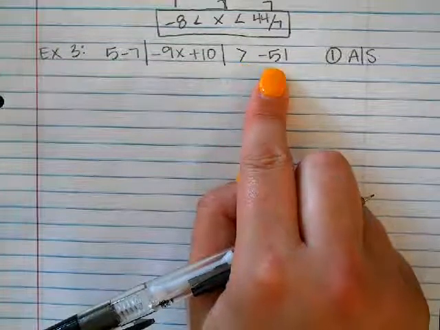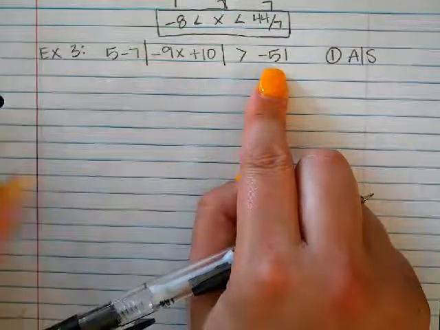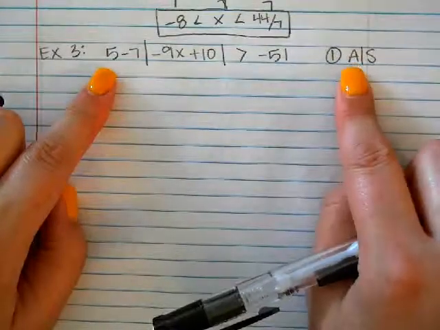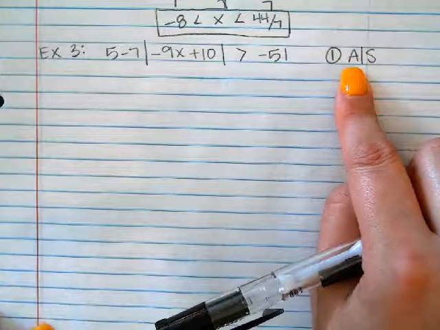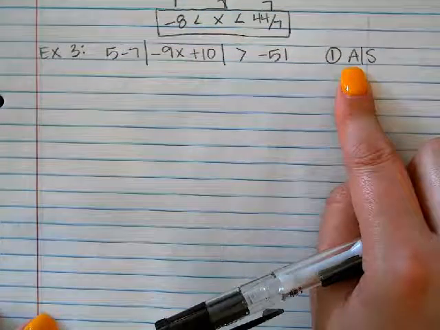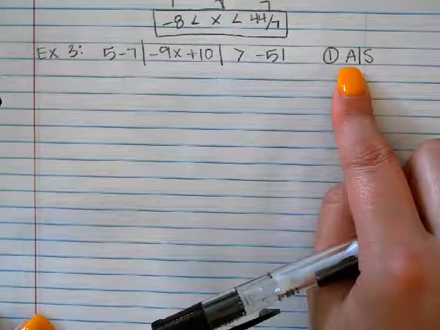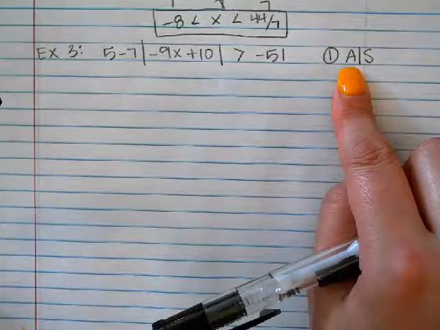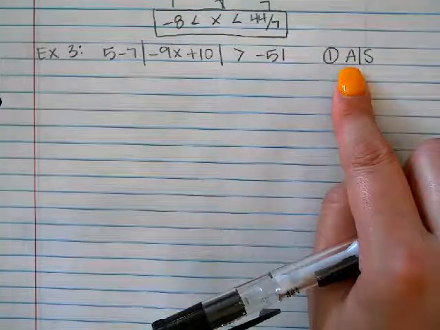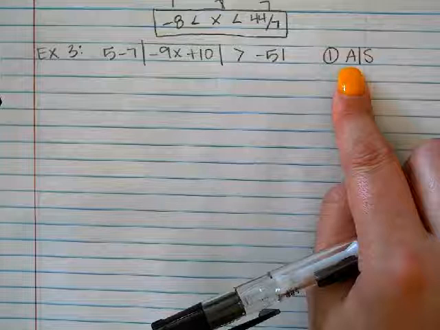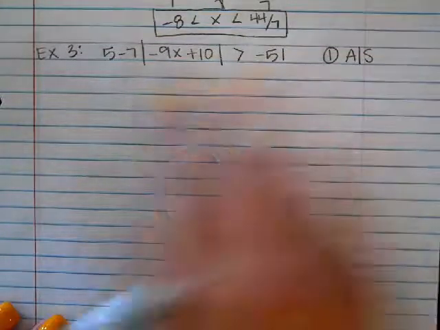All right. Is there something we could add or subtract to the other side? To the negative 51, you mean? Yeah, it's a 51. Okay, so what should we do with the 5? Subtract it.